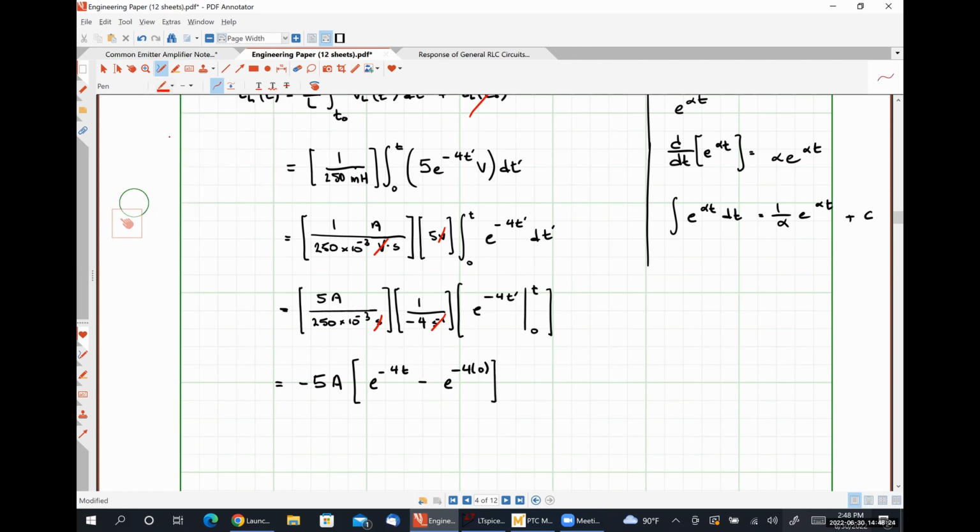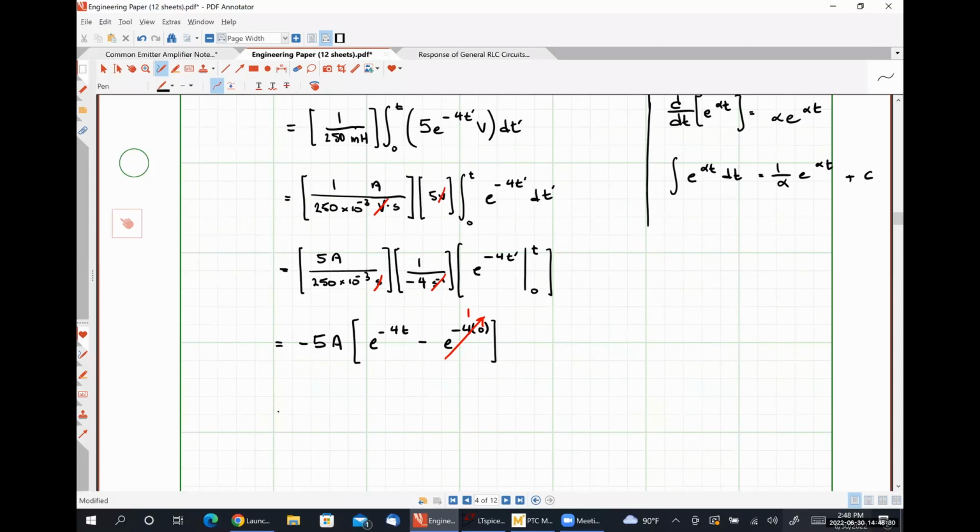E to the minus 4 times 0 looks like 1. And so my inductor current, IL of t, is going to look like 5 minus 5 e to the -4t amperes.